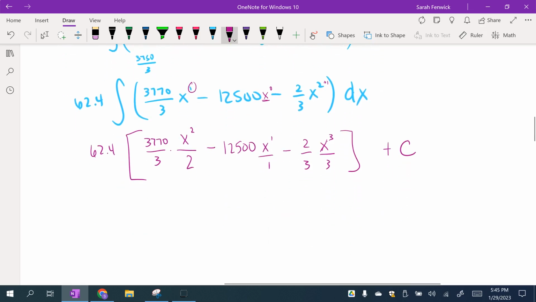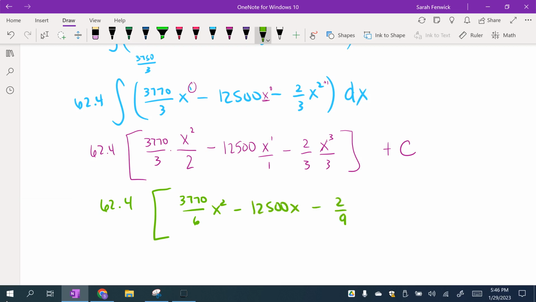So this was what the basic rule was. And then you have your 62.4. I'm going to say 3,770 over 6 x squared minus 12,500 x minus 2/9 x to the 3rd plus C, which for the purpose of this video is good enough, just showing you how to get the rules down here.